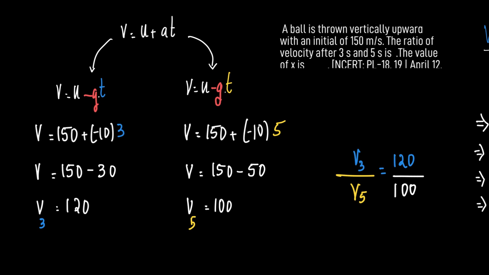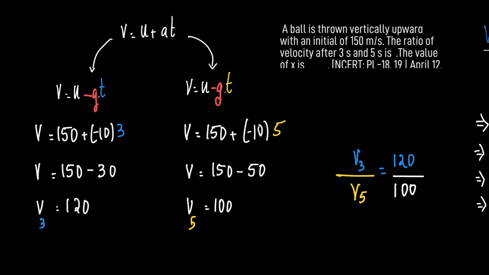So u is 150, t is 3, g is 10, so gt is 30, and 150 minus 30 is 120. So we have v at 3 seconds equal to 120. V at 5 is 150 minus g times t, which is 10 times 5, 50. 150 minus 50 is 100, and therefore v5 is equal to 100.